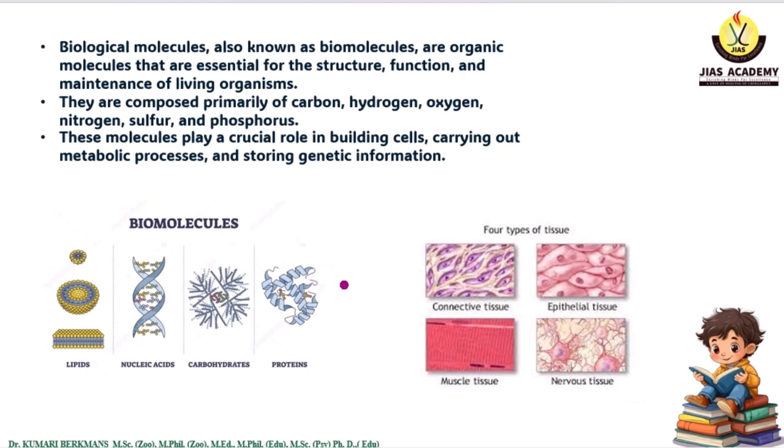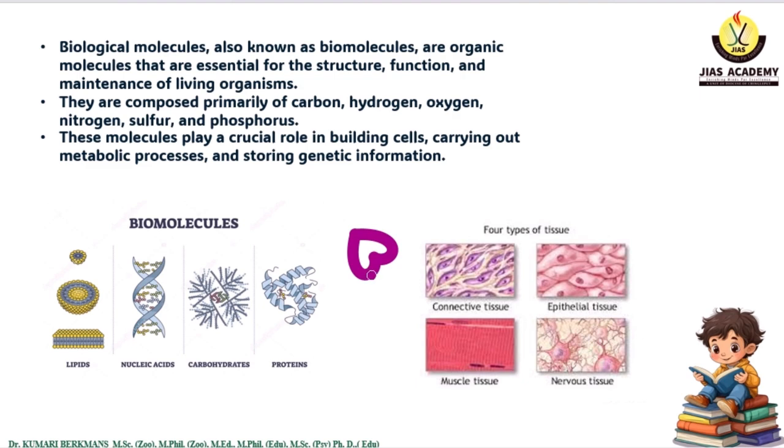I already told you what the biomolecules are. Okay, biomolecules are made up of. So we see the molecules, isn't it? Lipids, nucleic acids, carbohydrates, proteins. These are all made up of biomolecules. So what is biomolecule? Let us take this as a molecule. What it is composed of, in the sense it is composed of carbon, hydrogen, oxygen, nitrogen, sulfur, and phosphorus.